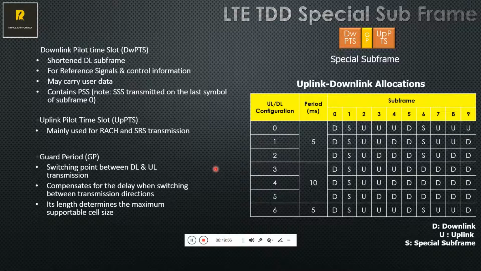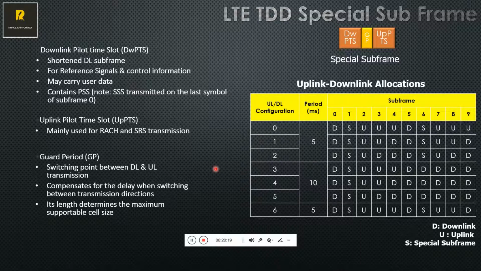Coming to the special subframe, there are multiple types of subframes that are used in case of LTE. Coming to DwPTS first: it is a shortened DL subframe, used for reference and control information, may carry user data, and contains PSS.